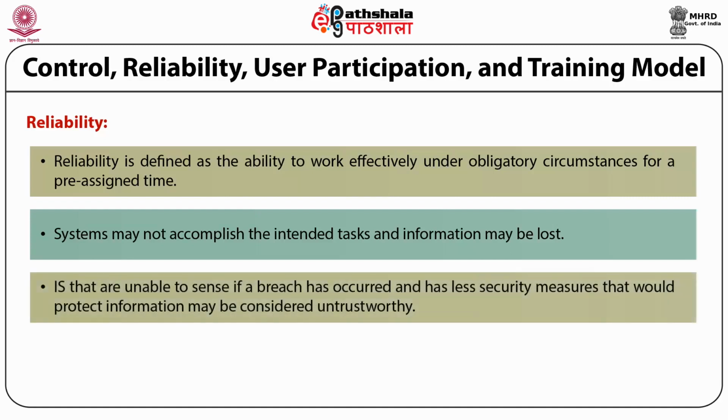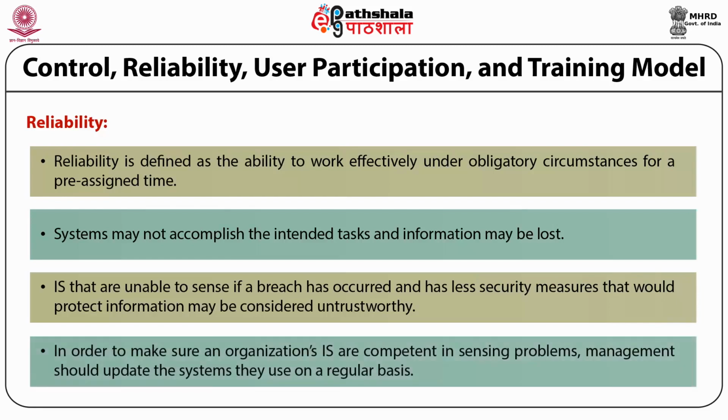Information systems that are unable to sense if a breach has occurred and have fewer security measures to protect information are considered untrustworthy. Now, in order to make sure that the organizational information system is competent in sensing problems, management should update the system they use on a regular basis.